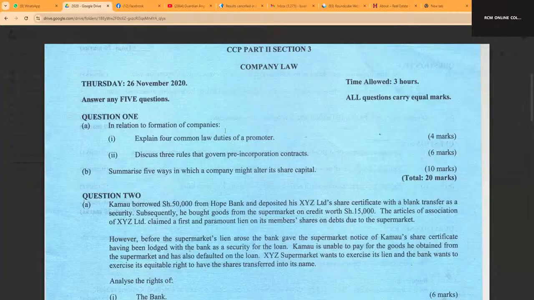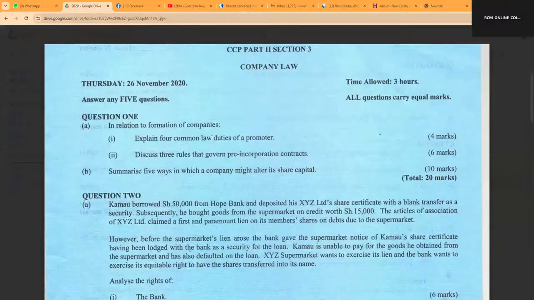So the common law duties, basically the duties we've already looked at in our notes, are borrowed from the common law. Like in this case, proposal of the name of the company, proposal of the registered office of the company, proposal of the objectives of the company, coming up with the memorandum and the articles. So when you mention those ones, you'll get your marks. They are borrowed from the common law. The common law is the traditional English law, which is a source of law. You must have already learned about this in law and governance.